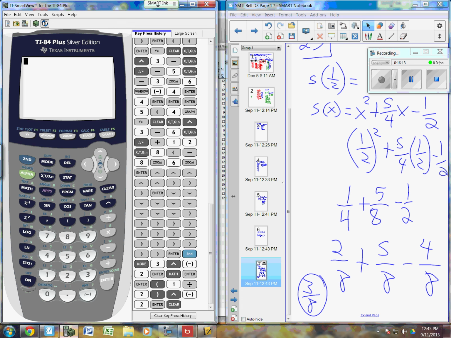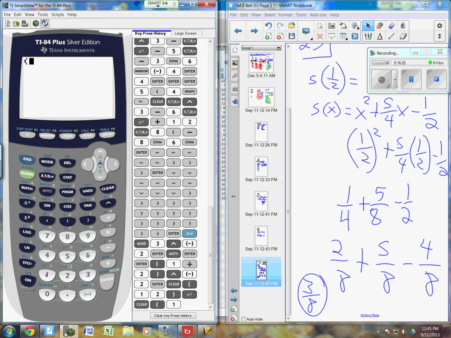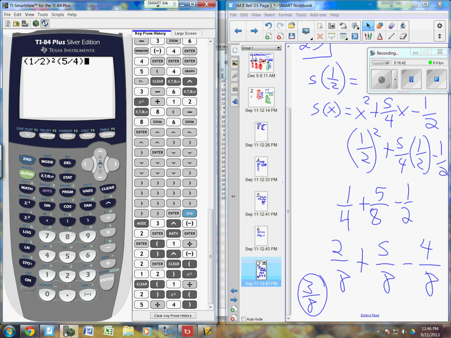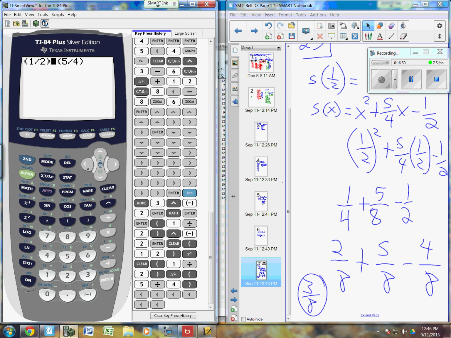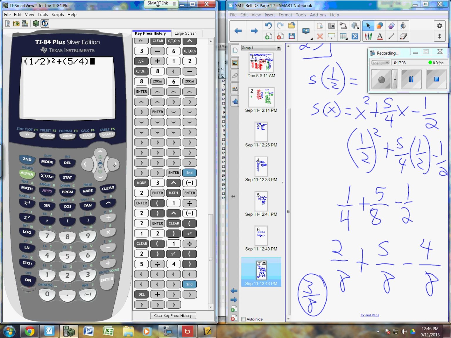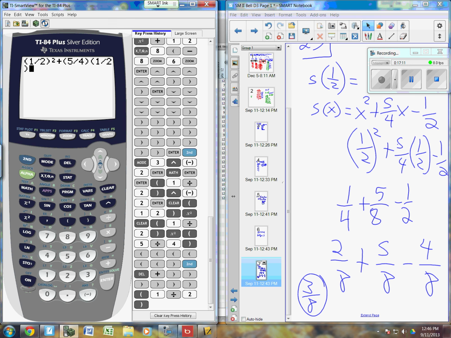I could go like this. Parenthesis, 1 divided by 2, squared, plus 5 fourths, parenthesis, 5 divided by 4, times 1/2, minus 1/2.